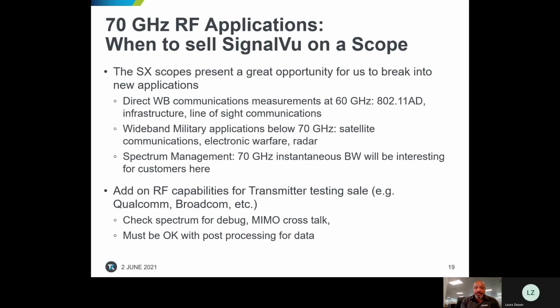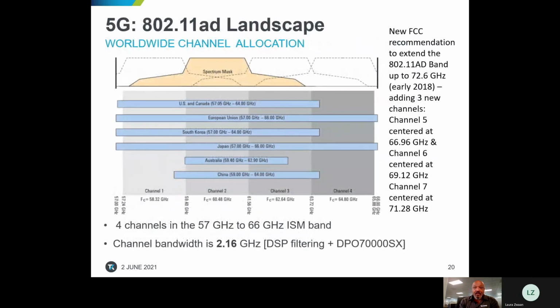There may be other uses that the customer may be looking at the performance of the transmitter as it relates to error vector magnitude. So again, we at Tektronix see a lot of work being done now and in the future as related to 5G and 6G. As you see here, there are bands that are being allocated in multiple areas across the world.